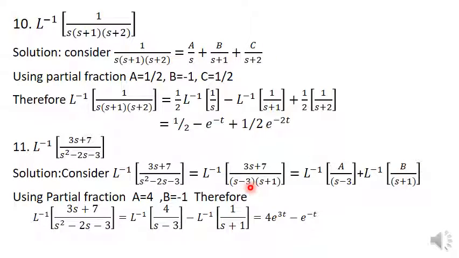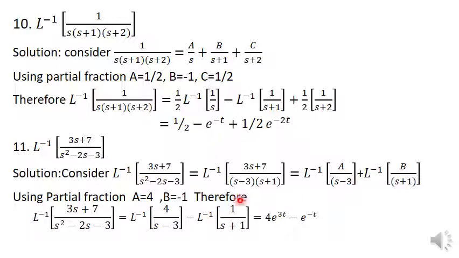We can split like this, that is L inverse of (3s plus 7) divided by (s minus 3) into (s plus 1). Again the same thing, by using the partial fractions we can write the function like this. Find out a and b, the value of a and b by using partial fractions. On substituting the values of a and b, finally this function takes the value, that is L inverse of a.